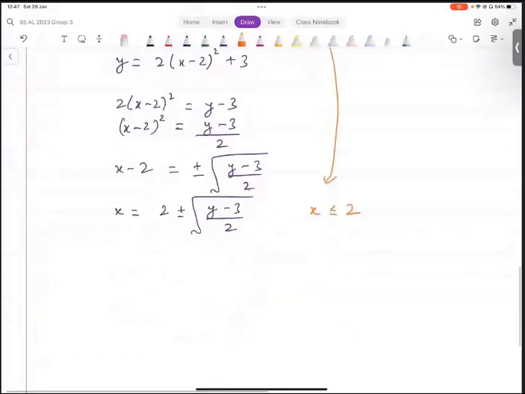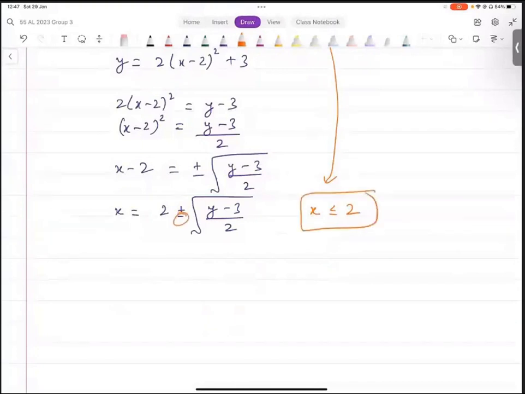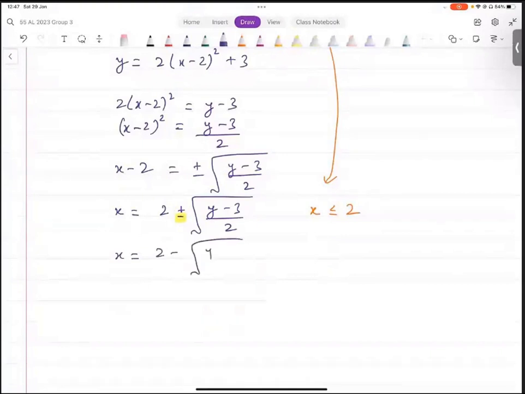What that means is we want this value to be less than or equal to 2. So when you're adding something to 2, it will become greater than 2. When you subtract something from 2, that will give us what we want. So we should put the negative sign here. So we have x equals 2 minus square root of (y minus 3) over 2.